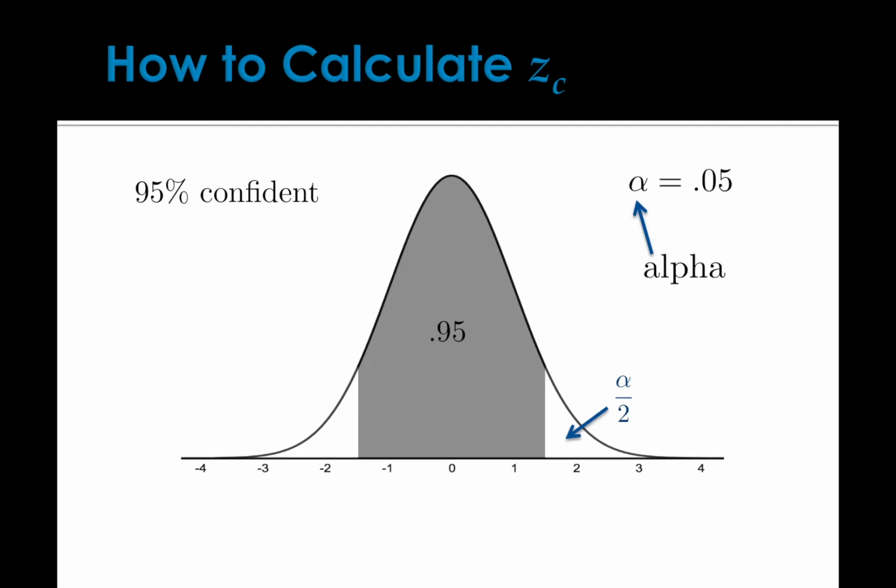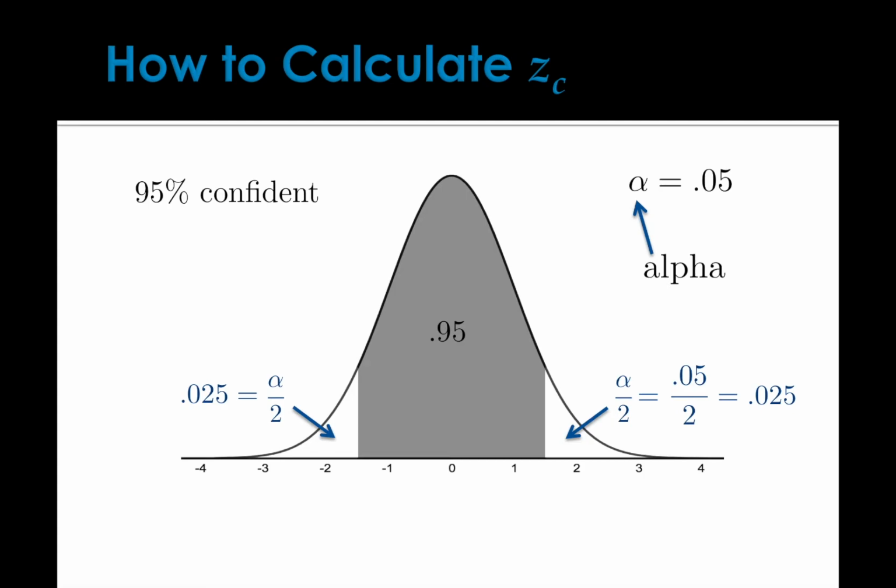So half of the alpha is going to be in the right tail, and half of it is going to be in the left tail. In our case, when we're 95% confident, that's 0.05 divided by 2, which is 0.025. So I've got 0.025 in the right tail and 0.025 in the left tail.